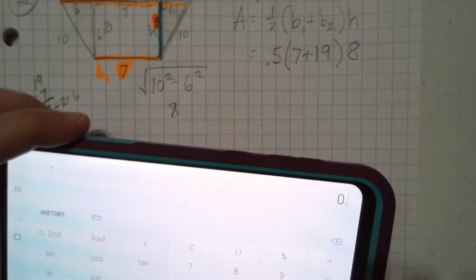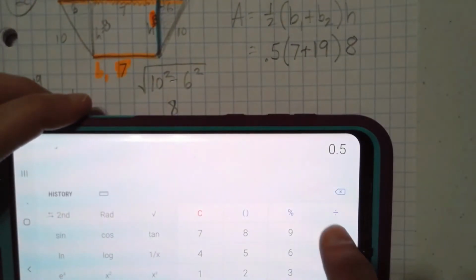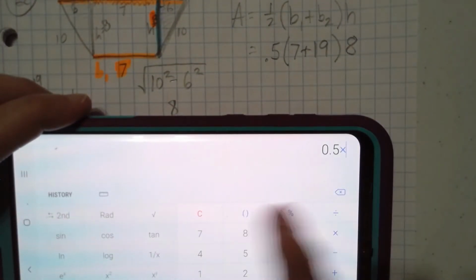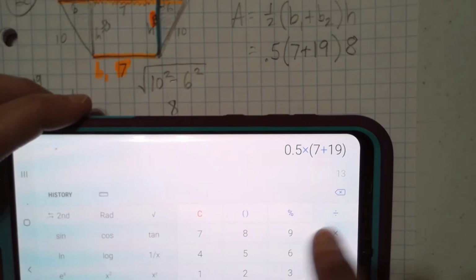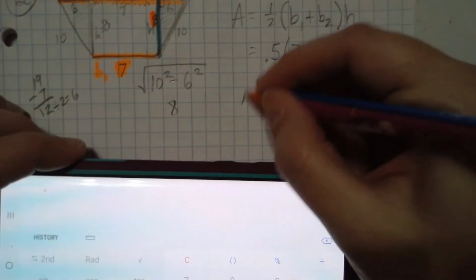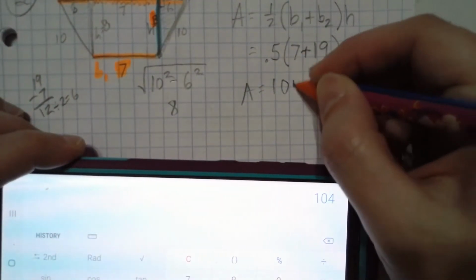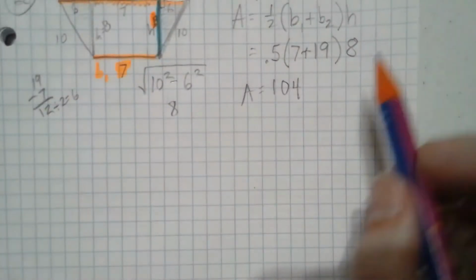So 0.5 times, actually I'm going to do the parentheses: 0.5 parentheses 7 plus 19 times 8. 104. And then we need a label on this.